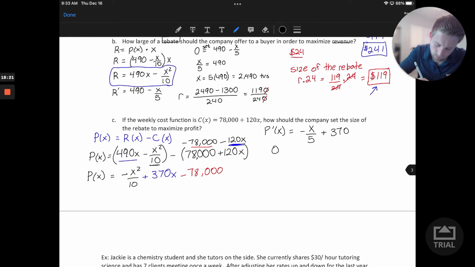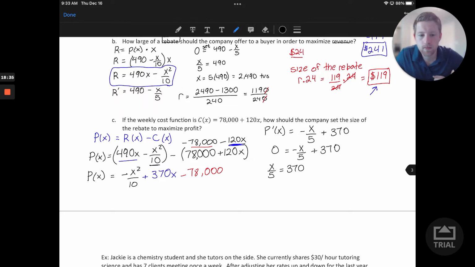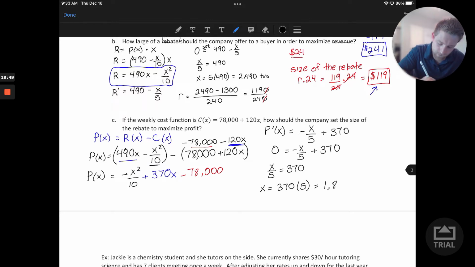If we set this equal to 0, we can add x over 5 to both sides. Multiply by 5 on both sides to get my quantity. And this quantity is going to end up being 1,850 if we take that product. So that's the number of TVs there.